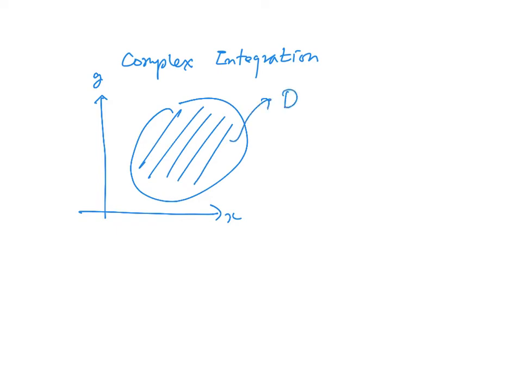We put domain. So domain is a region, or a set of points. We call this a domain.